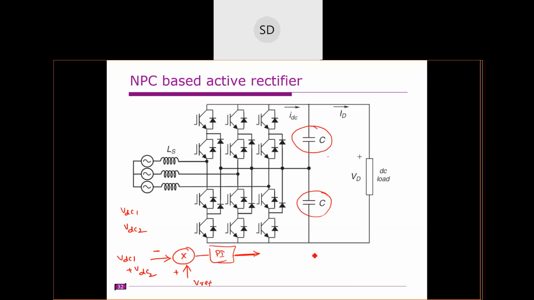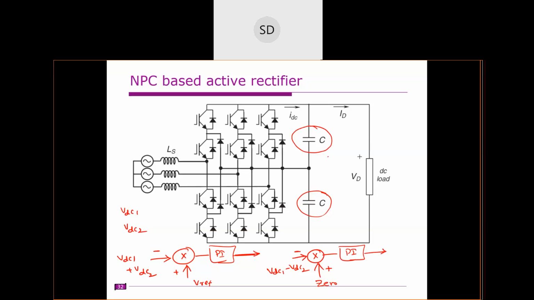Similarly, for the difference between these two, we have another PI controller. That is the difference VDC1 minus VDC2, which you need to compare with 0. So this is plus and this is minus, and the difference is given to a PI controller, which will generate the difference current error.